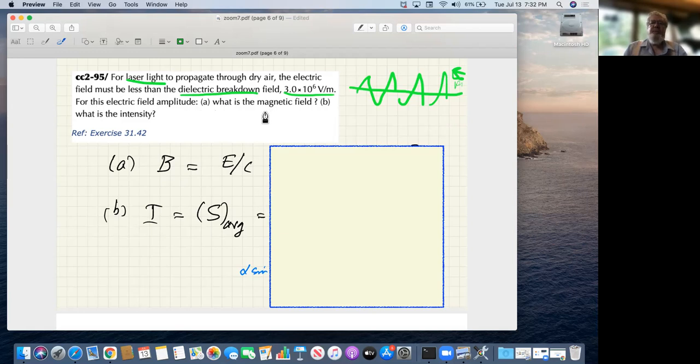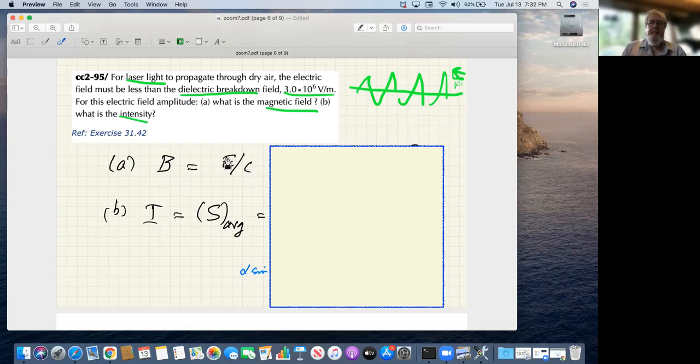First question is, what's the corresponding magnetic field? And the second question is, what's the intensity? Those are pretty easy questions if you have the equation sheet. On the equation sheet, you have the equation B is E over c, where c is the speed of light in vacuum. Really, I suppose it should be the speed of light in air, but that's almost the same. So E is 3 million volts per meter, c is 300 million meters per second.